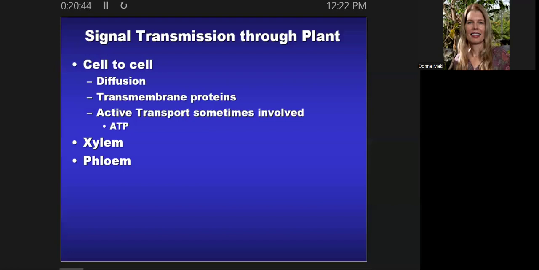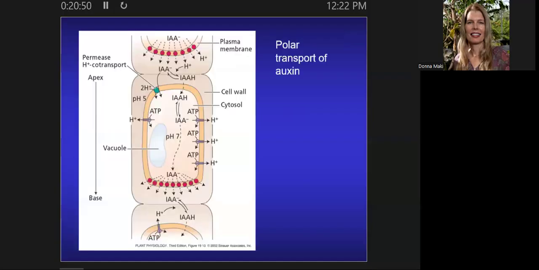But let me just mention a little bit about these transmembrane proteins. Let me give that example with auxin. So here you have 3 neighboring cells, and they're trying to show here the polar transport. So that's the idea that auxin, if it's synthesized in the shoot tip, will move down to the base of the stem, no matter what.